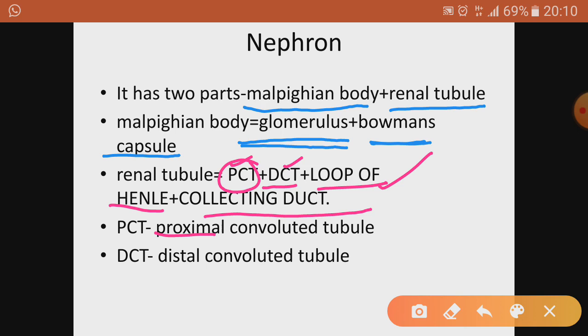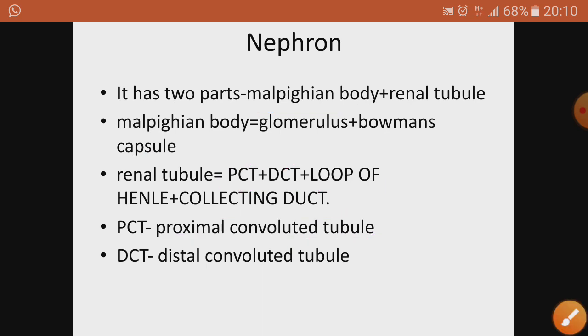Proximal means initial part, and convoluted means twisted. DCT means distal convoluted tubule. Today's video you have to see twice to make it very clear. Okay, so now we will move ahead.